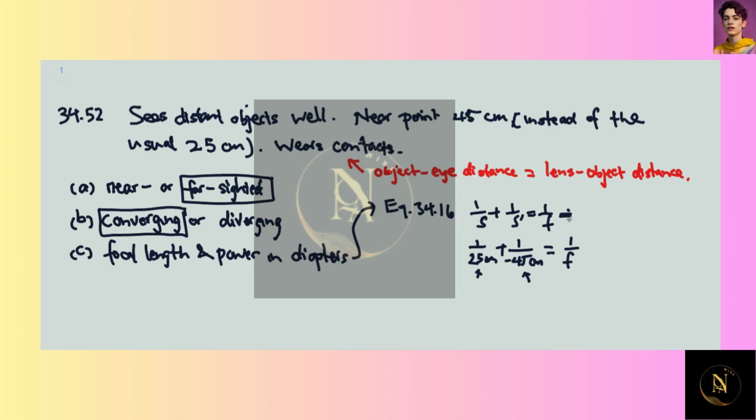From this equation, you can find that f is equal to s prime over s plus s prime.